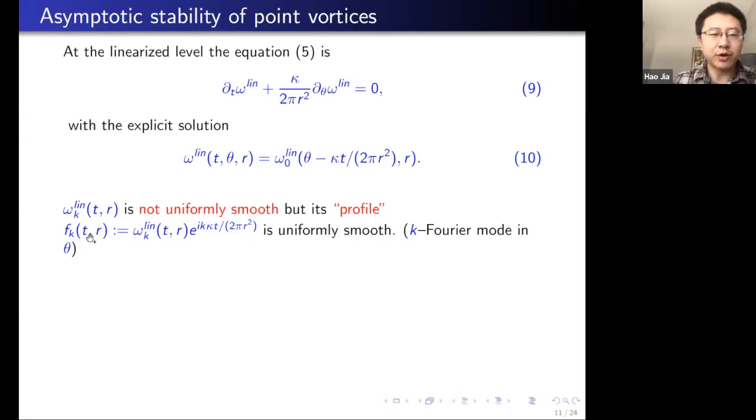And this profile is basically like you shift the coordinate system. In the Fourier space in theta, it corresponds to multiplying by an oscillatory factor. So then we have a very good picture of the linearized flow. In the Fourier picture, the linearized flow is basically a very smooth profile multiplied with this explicit oscillatory factor.